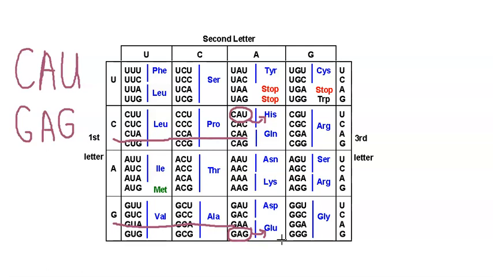Okay? And that's it. So that is how you find the amino acid for the codon. Now, the only thing I want you to pay attention to, sometimes you might see this, stop. When you see stop, that means that these codons are where a protein ends.